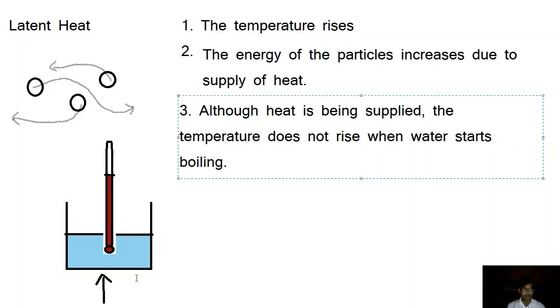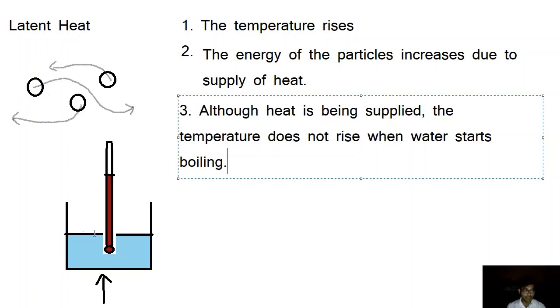Okay. Now, why does this take place? Why, although heat is being supplied, is the temperature not rising? Because at that point of time, the heat supplied is being used to break the bonds of attraction between the particles and change the state of the particles from the liquid state to the gaseous state.